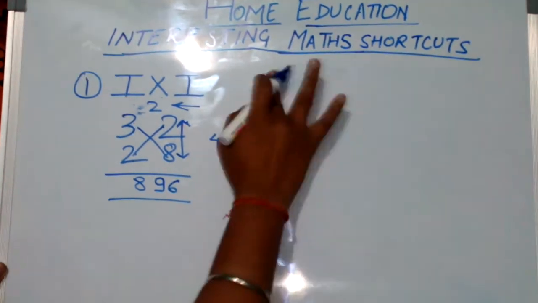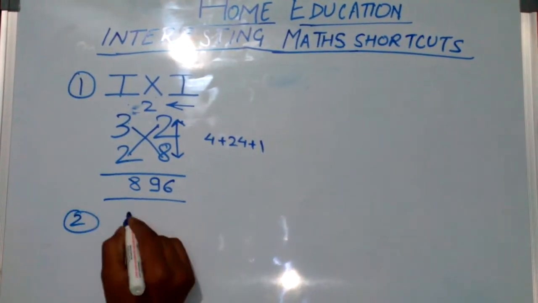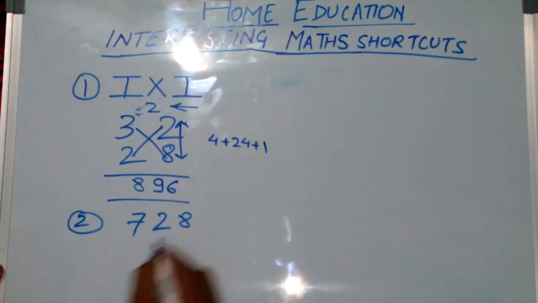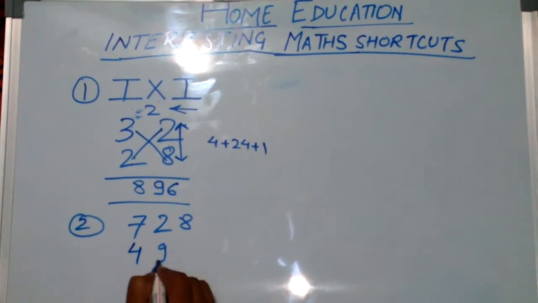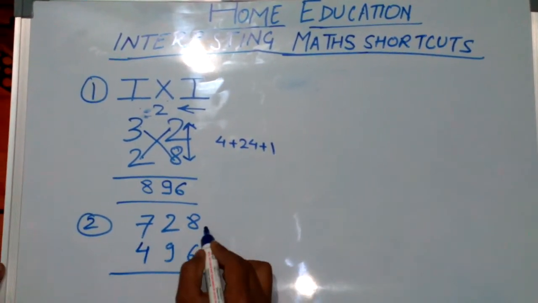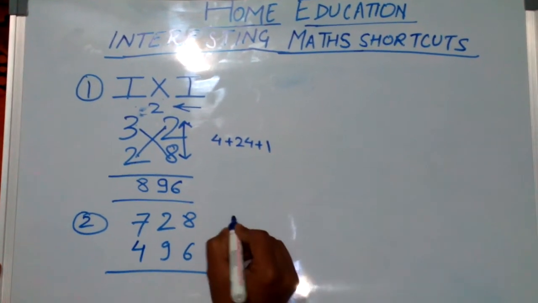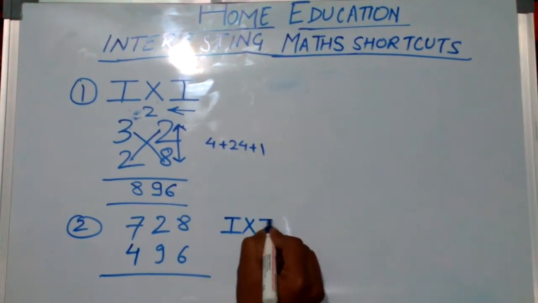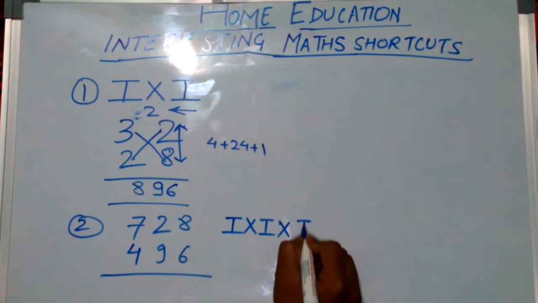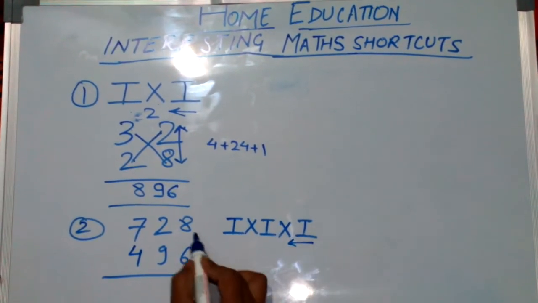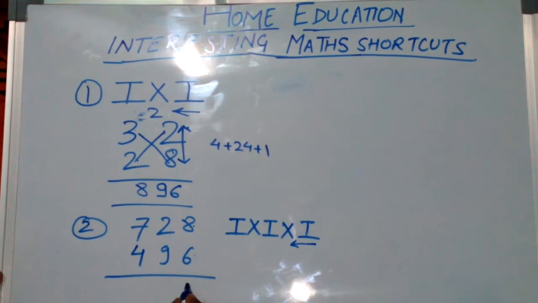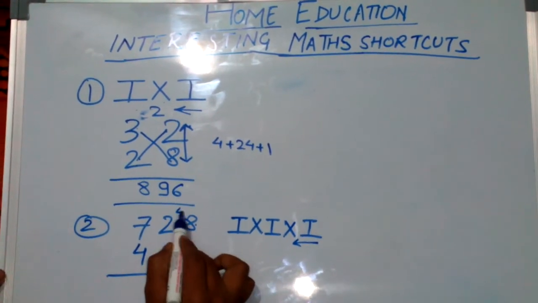Taking the example of a 3-digit number, 728 into 489. I'm taking random numbers. Now here the rule will become IXI. Move from here. First I: 8 into 6 is 48, 8 and 4 carrying.